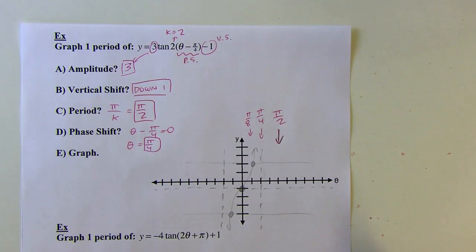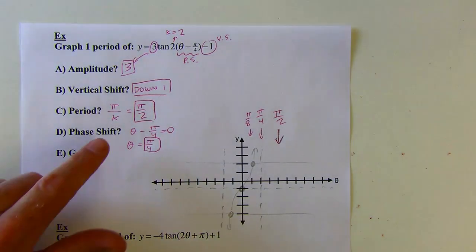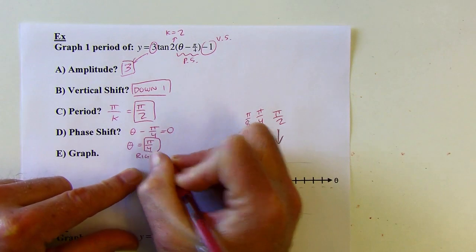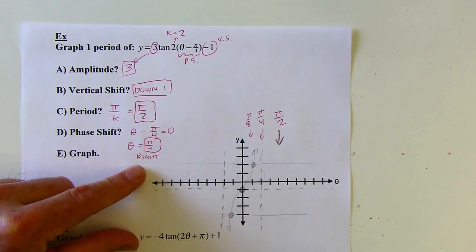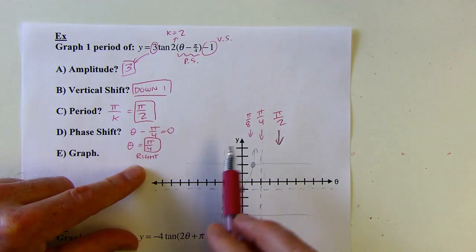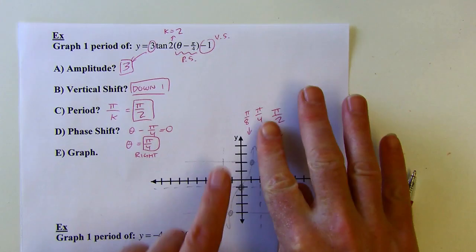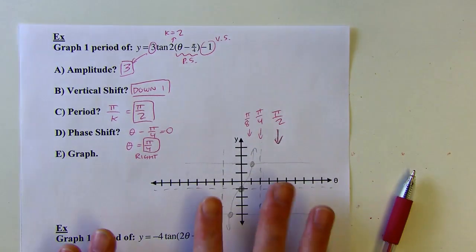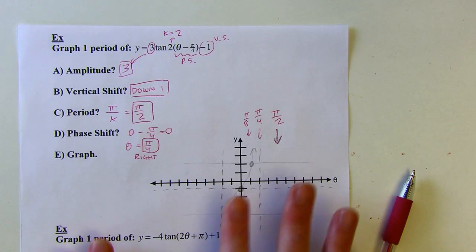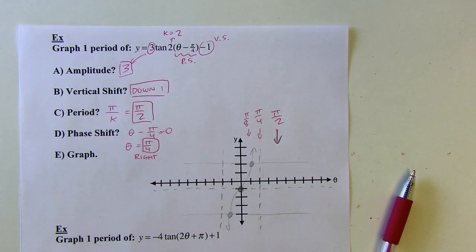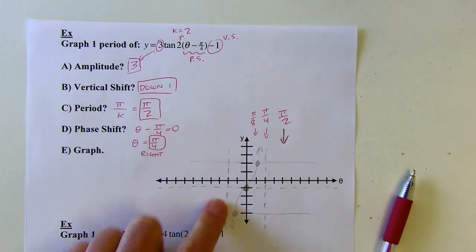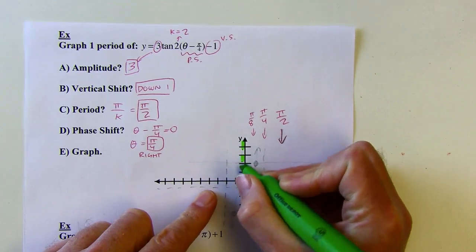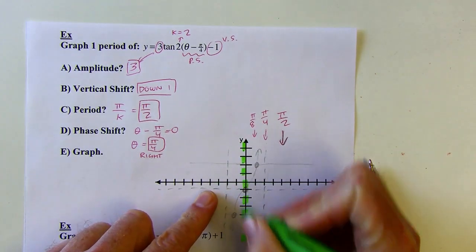Okay. So then I'm going to use the phase shift. Remember, this means that I'm going to the right pi over 4. And now looking at my scale, I know that pi over 4 is 2 ticks worth. So I'm going to take this whole thing and shift it 2 ticks to the right, okay? I like to just take the goalpost on the left and shift that. So I'm shifting this 2 ticks to the right, which puts it right on the y-axis.